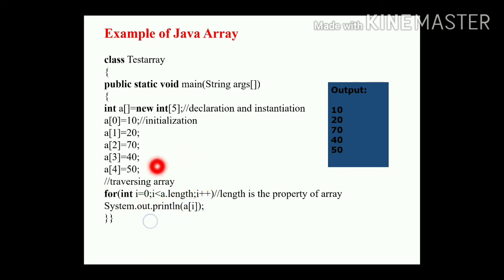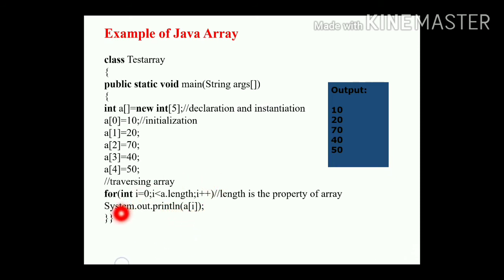For this, we use a for loop: for int i = 0, i is less than a.length, that is the array length, then i++. In this we print a[i], the element. We use the System.out.println statement for printing the array element.